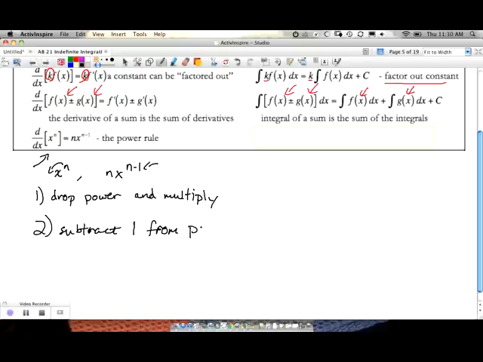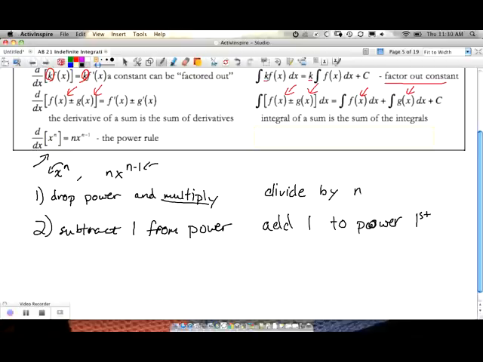Okay, so now that we've done that, let's think about doing this backwards. Instead of subtracting 1 from the power last, we're going to add 1 to the power first. And then second, we're not going to multiply out front, we're going to divide by n plus 1, that new power.